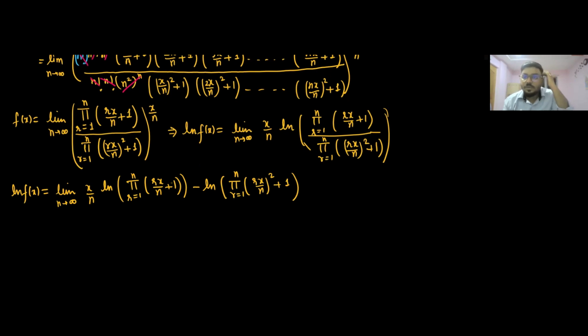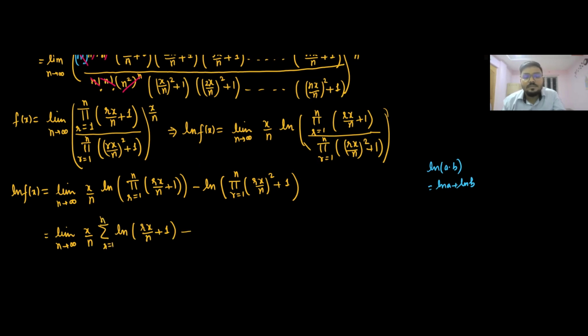Now, if you are having so many products in a ln, you can write it like ln a into b. Let me write for you. As we know that ln (a into b) is equal to ln a plus ln b. So basically we can convert that product into sigma out of that ln. So we can rewrite it as limit n tending to infinity, x by n, and now this will be converted to sigma ln (rx by n plus 1), r is from 1 to n.